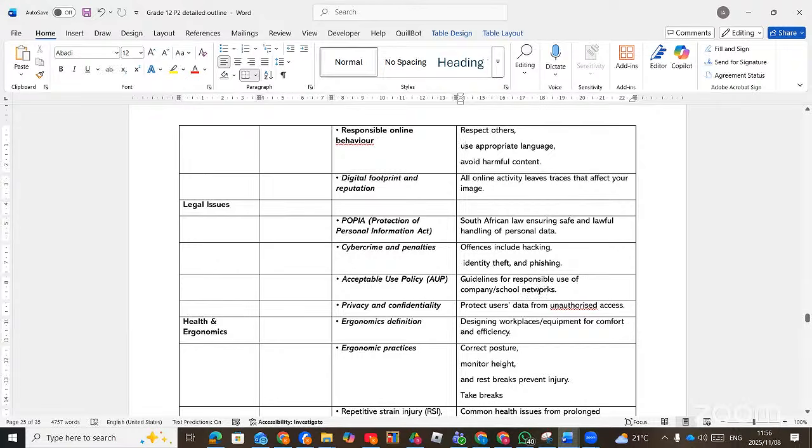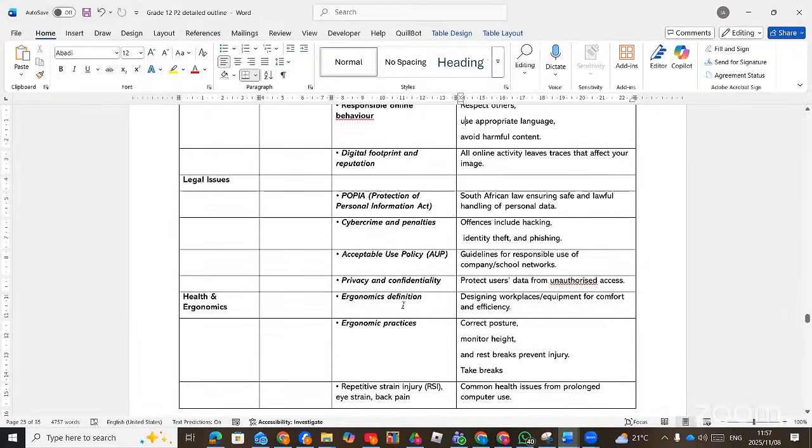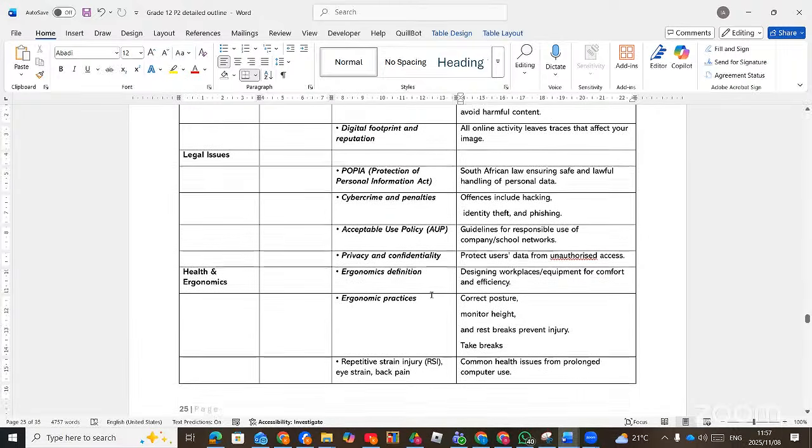Acceptable user policies, those that guide what learners must do and what they cannot do. For instance, you are not supposed to use a memory stick or copy people's work without acknowledging them. All those policies are called AUP. Then ergonomics is also part of this, which is designing workplace or equipment for comfort and efficiency.